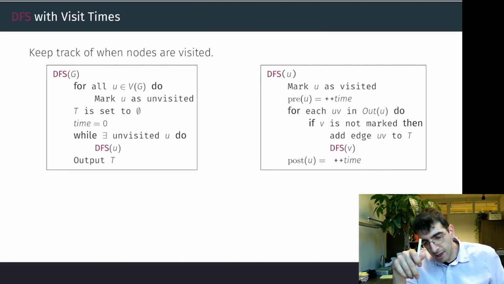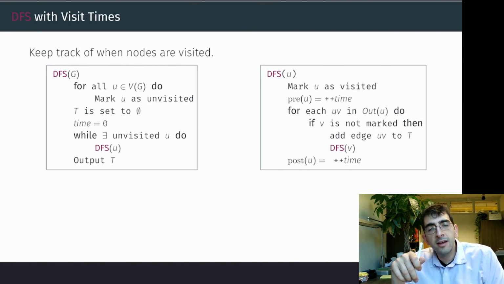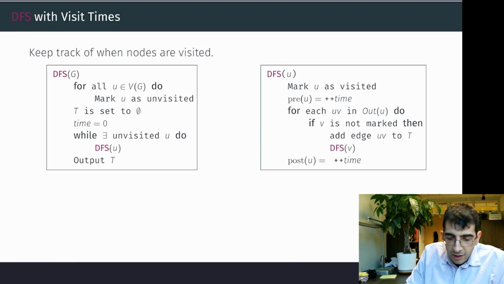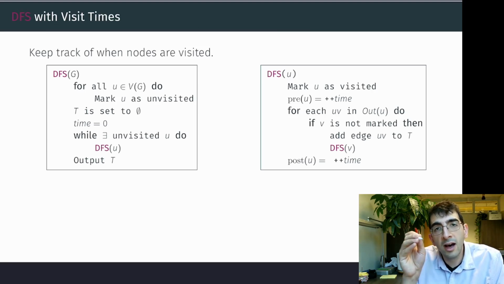Let's say that as we're doing the DFS calculation, we also keep track of the time that we spend at a particular vertex. We keep track of the time that particular vertex is active, i.e. the time that the children, or the children's children, of that vertex continue to be explored.